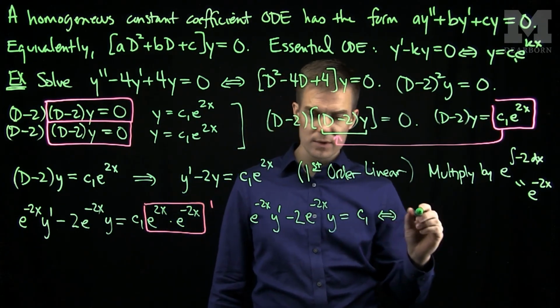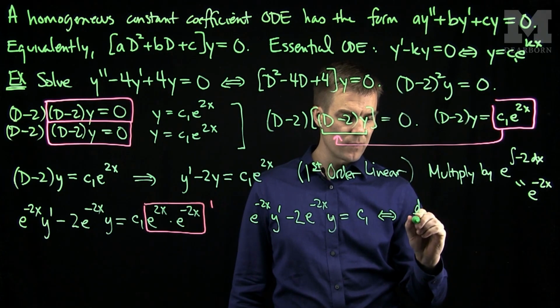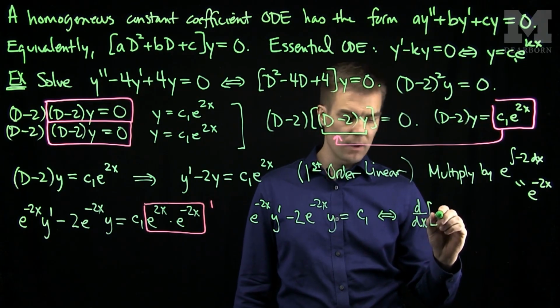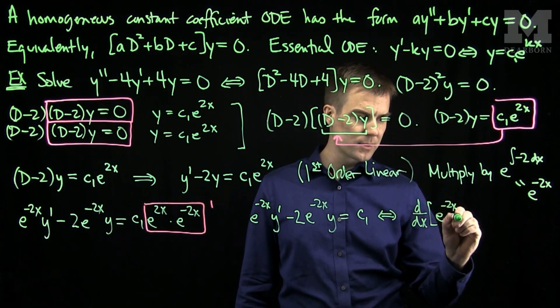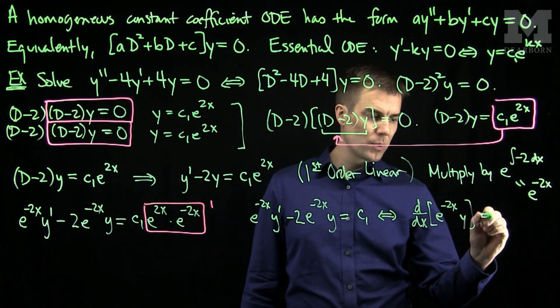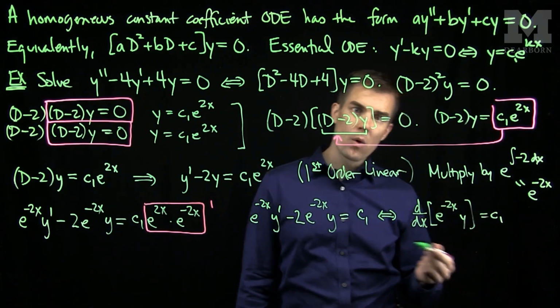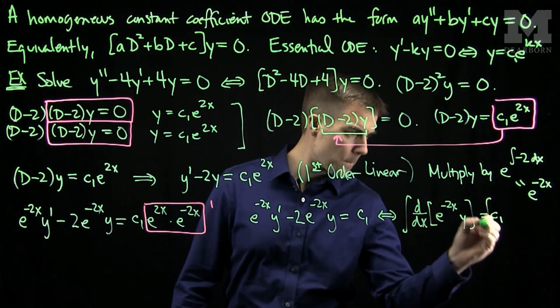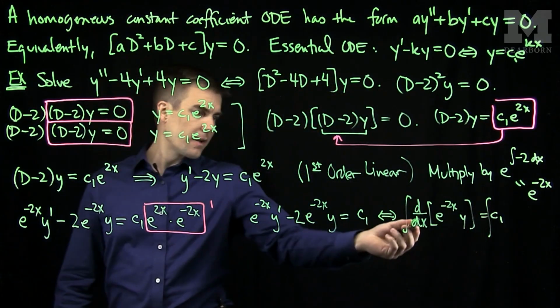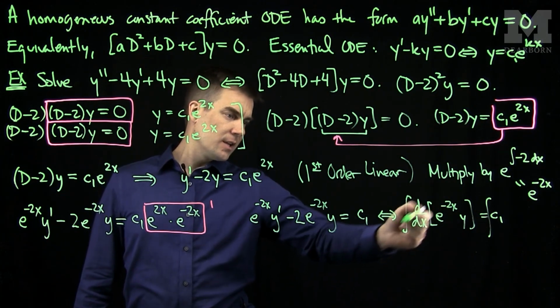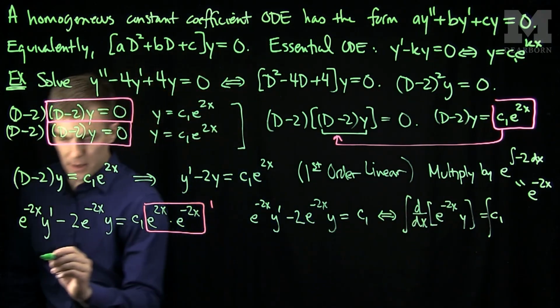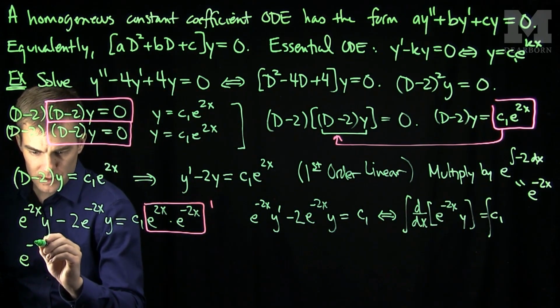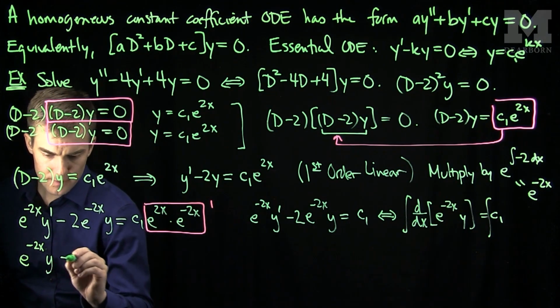This is equivalent to the derivative with respect to x of e to the negative 2x y is equal to a constant c1. Now we can integrate both sides. The integral of the left-hand side will be easy, since the derivative and integral will cancel, and it will leave me with e to the negative 2x y.